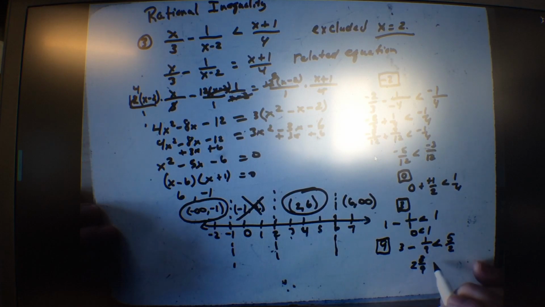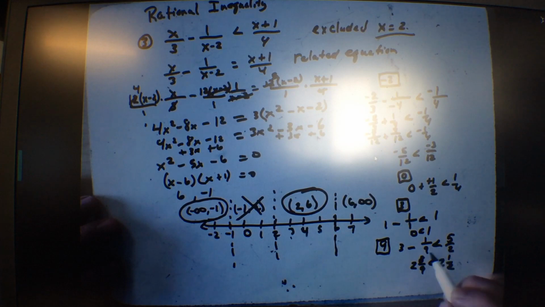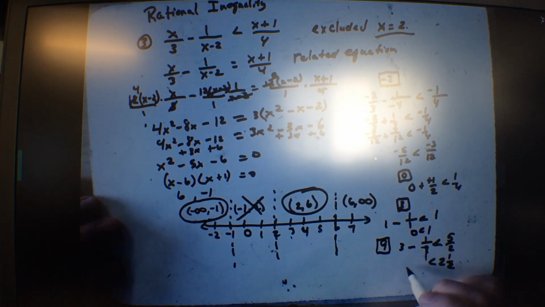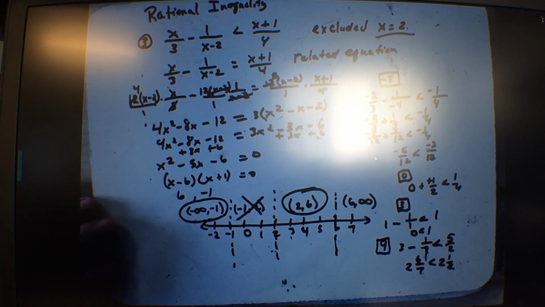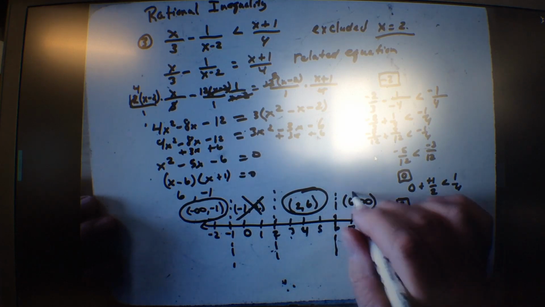Is that less than 2.5? Wouldn't it be 3 minus 1 over 7? Oh, it'd be 1/7. That's a 7. Yeah. So it'd be 2 and 6/7? Is that right? It's still not less, is it? So we throw that out.